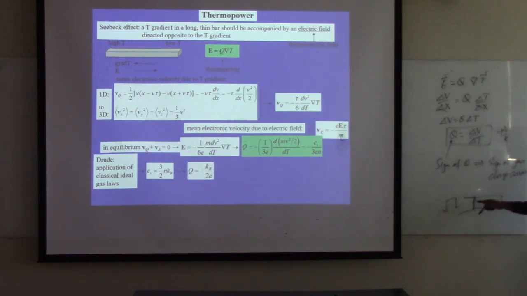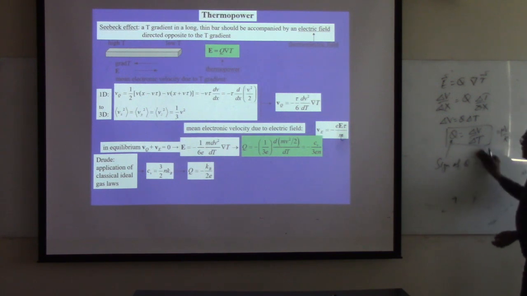Then this end becomes hotter than this one. We have two thermocouples attached here, and then we measure the voltage. When the heater is on, we see the voltage increasing. When it turns off, it comes back. From there you can easily measure Q. Very simple technique. Every day we do these measurements.